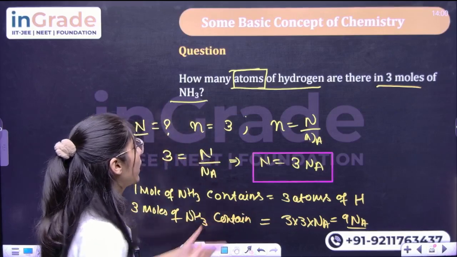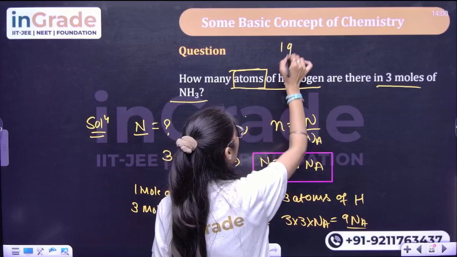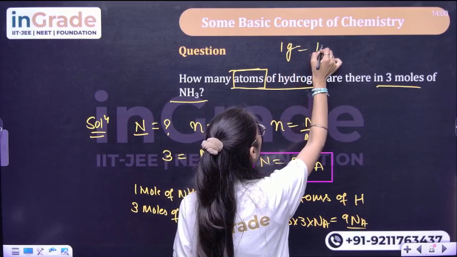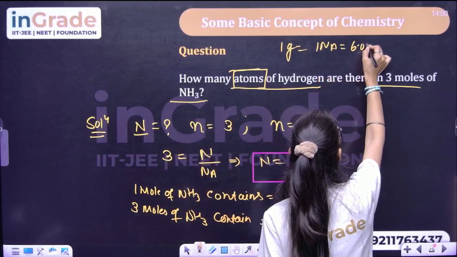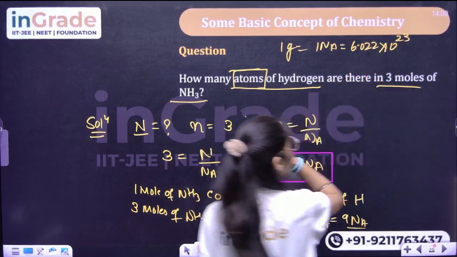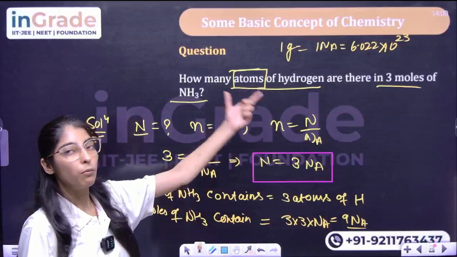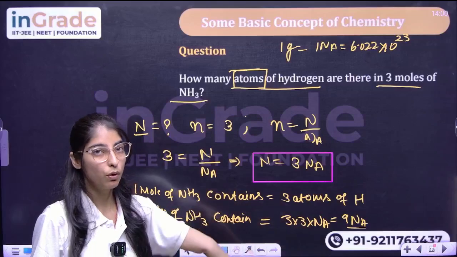Why am I writing it like this? Just wait for a moment. As I told you, 1 gram is equal to 1 Na, which simply says this much atoms are present in 1 gram. So if we want to calculate the number of atoms, then we are going to multiply it like this. Hope you got it.